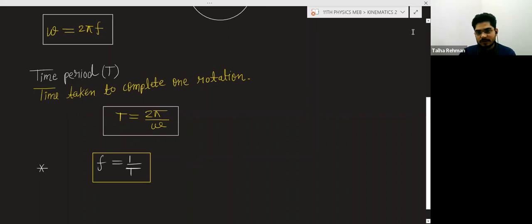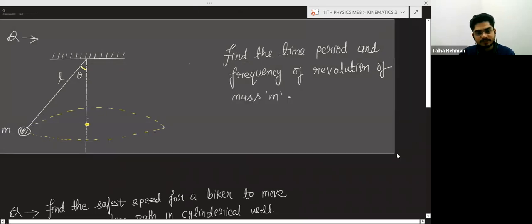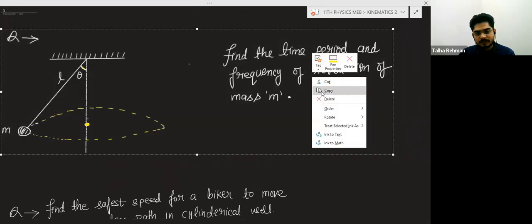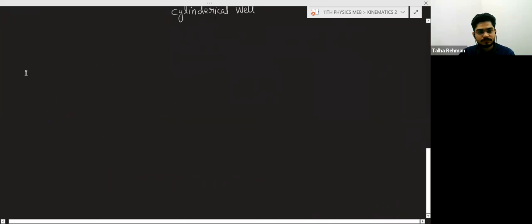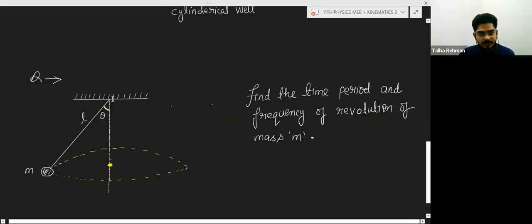Now focus on this question. This is a very good question, I will say. This is the question given. Basically, this is a string, and a mass is attached to this string, and this mass is rotating in a circular path like this.